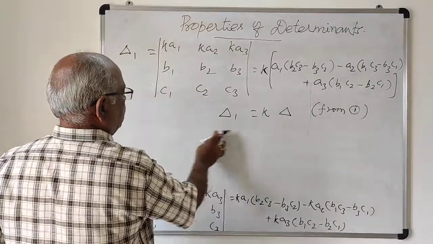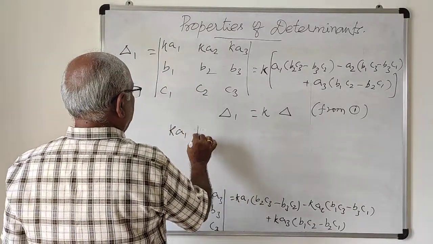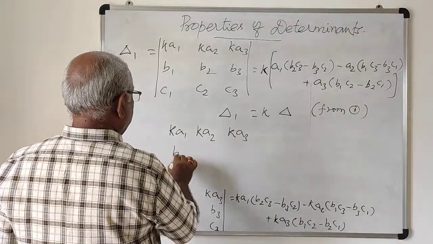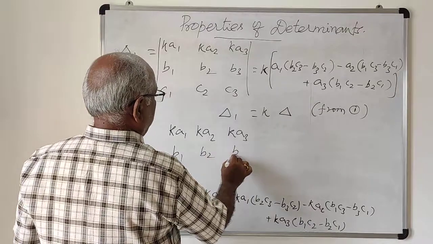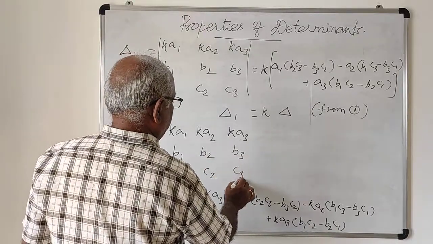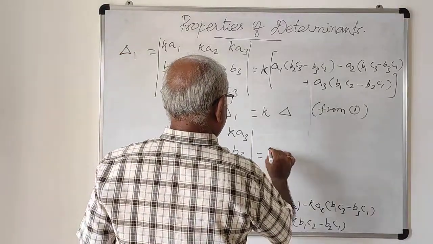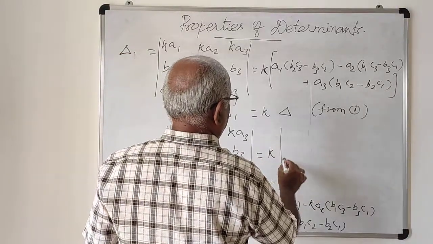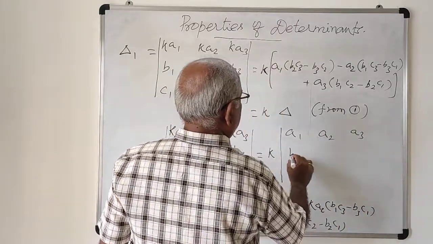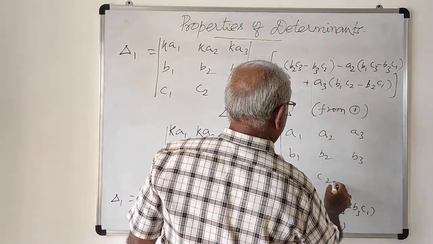This expression can be expressed as delta 1 is Ka1, Ka2, Ka3, B1, B2, B3, C1, C2, C3. This is delta 1 equal to K times delta. Delta is A1, A2, A3, B1, B2, B3, C1, C2, C3.